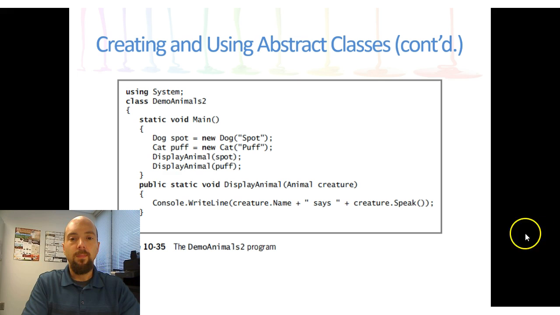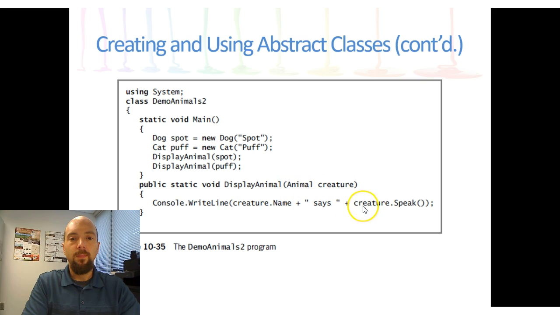So in this case, we're going to send over display animal Spot, and it pulls it in as a data type of animal, calls it creature. And so even though I can't create an object using animal, I can use its data type to specify that other things can occur. I'm not creating an object here, I'm just simply using its data type.